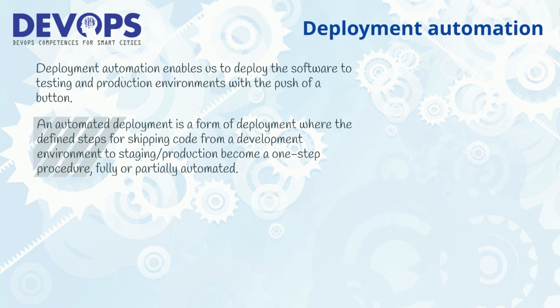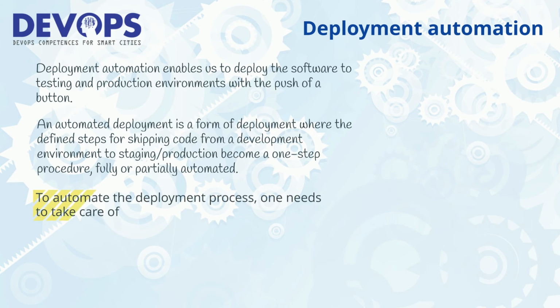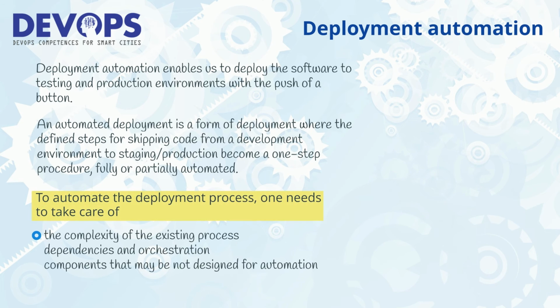An automated deployment is a form of deployment where the defined steps for shipping code from a development environment to staging, production become a one-step procedure, fully or partially automated. To automate the deployment process, one needs to take care of the complexity of the existing process, dependencies and orchestration, and components that may not be designed for automation.